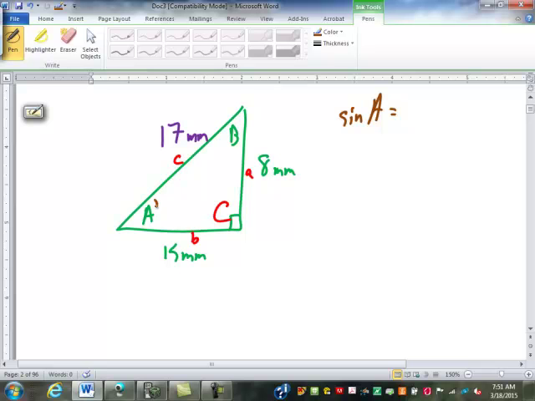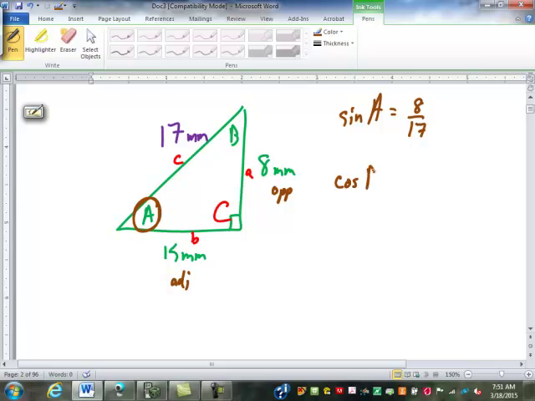So if we're looking at angle A, the opposite side is 8. The adjacent side is a 15. So the sine of A would be opposite, which is 8 over hypotenuse of 17. So 8 over 17. Right now we're just going to leave it as a fraction. You could divide it out and get your 0.4 or whatever it comes out to be.